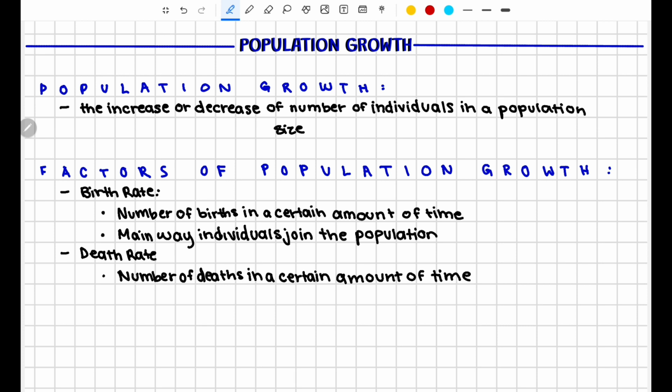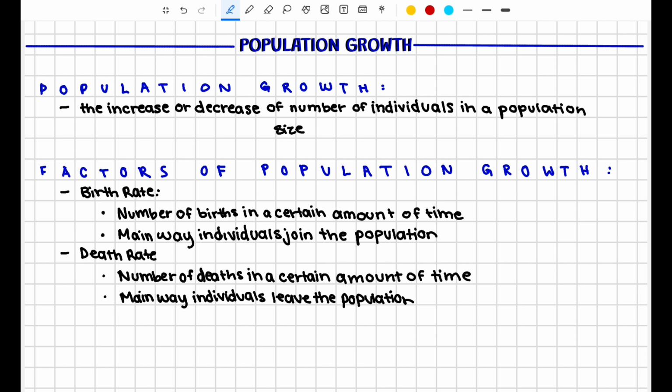And as you can probably tell from the name itself, and just the fact that the definition of birth rate is the number of births in a certain amount of time, the definition of death rate would be the number of deaths in a certain amount of time. And again, with the whole opposite scenario, death rate is the main way that individuals leave the population, just as birth rate is the main way individuals join the population.